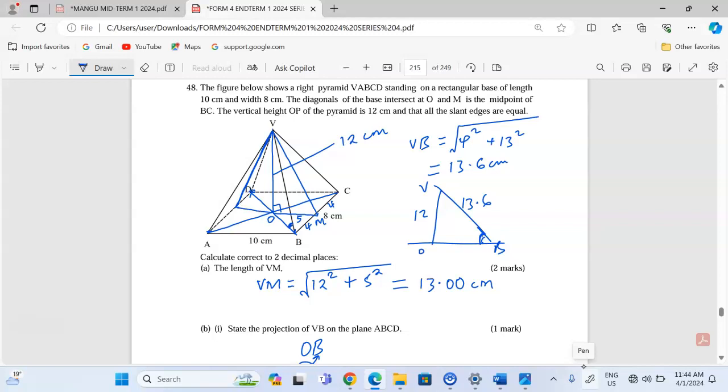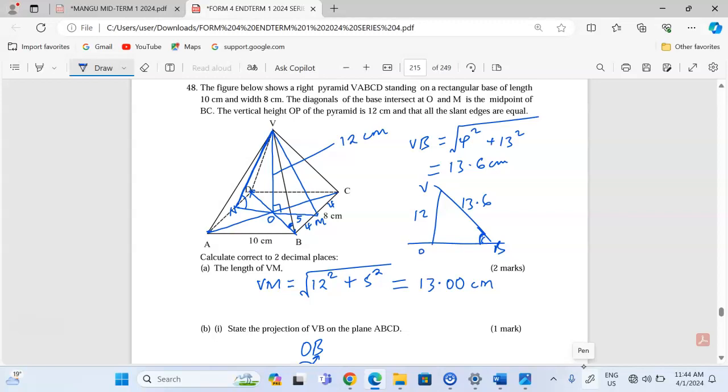The two lines will give us the angle we desire. Assuming that this is point N, now we can use triangle VON to get the desired angle between the base and the plane VAD.